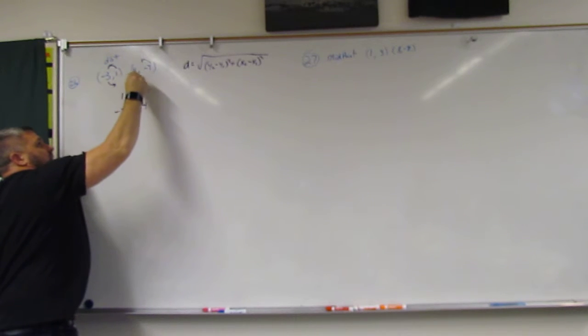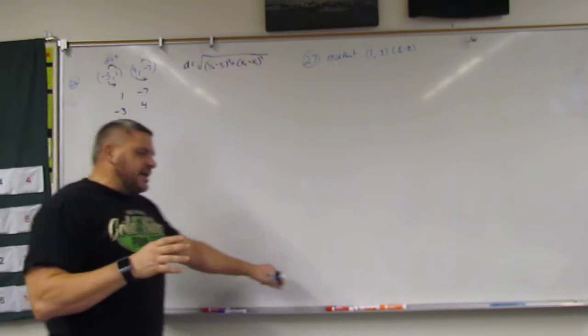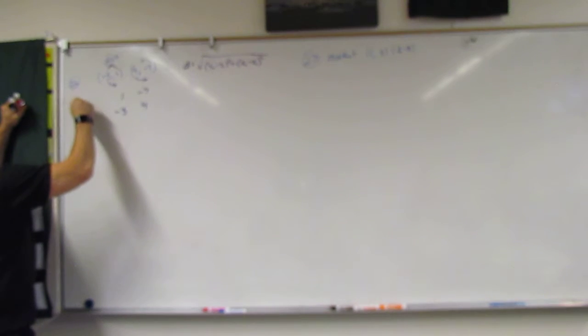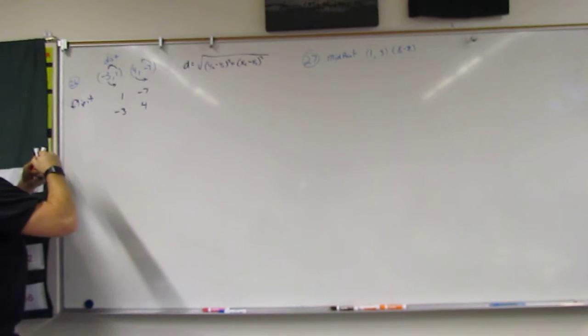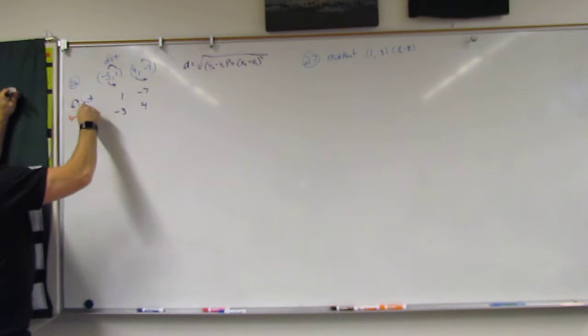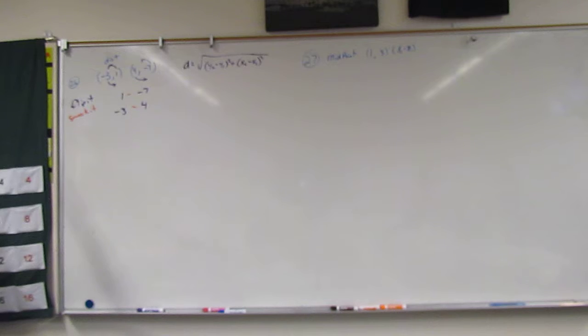When I say flip it, I'm just putting the y's on top. When I say smack it, I'm saying just negative, negative. So that's simple. What this does is helps us organize our work.